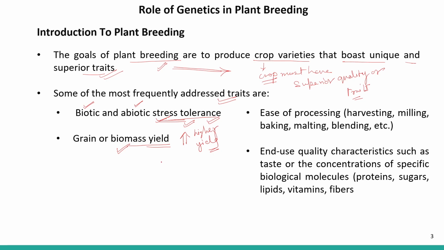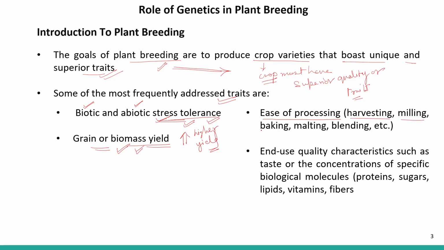In plant breeding, such alleles can be identified, and according to that, crops are also identified, and the cross is done with the help of the plant breeding technique, right? So we can obtain grains or biomass of higher yield in the crop by using plant breeding technique.